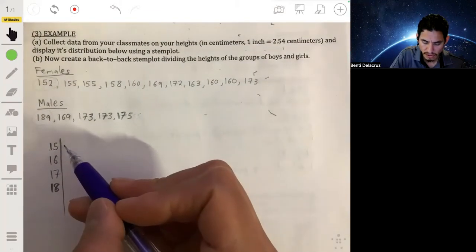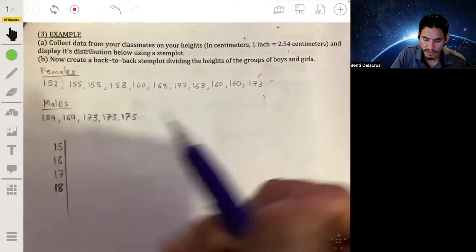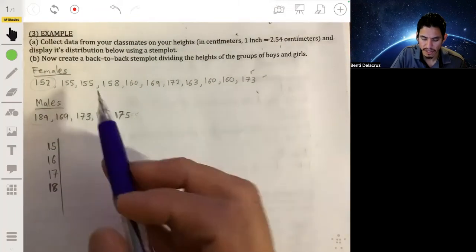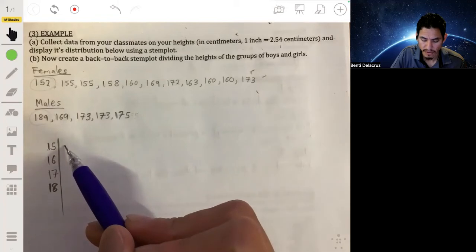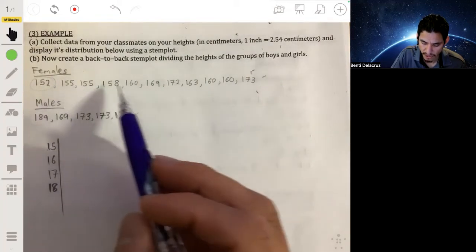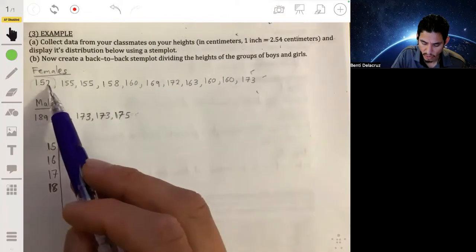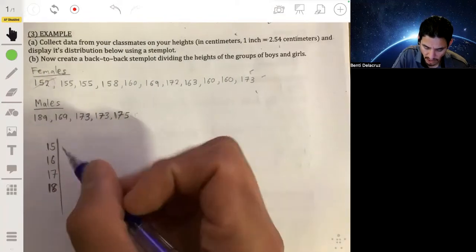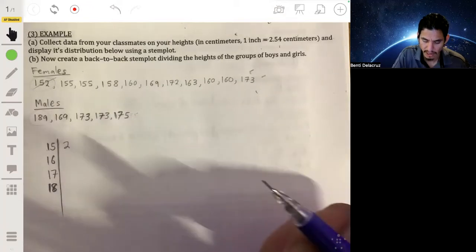Then what you do is you put the last digit of each number to the right of it, going from lowest to highest. For example, the lowest value is 152, and I'm going to cross that off and put the 2 to represent that.